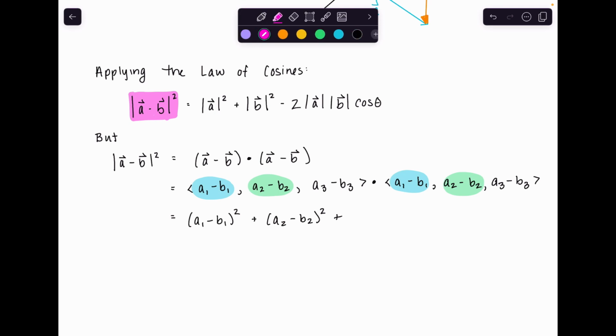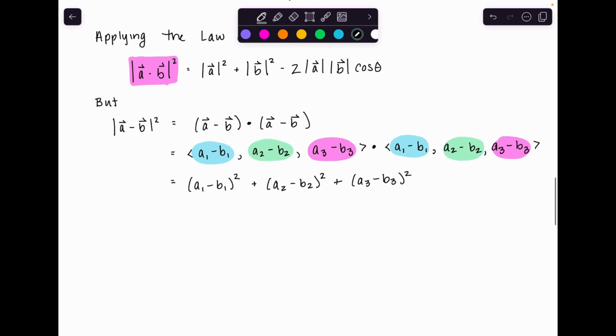And last but not least, A3 minus B3 squared. Because these are just numbers, we can go ahead and FOIL these things out. So this gives us A1 squared minus 2 times the product A1 B1, and then we get the last term squared.